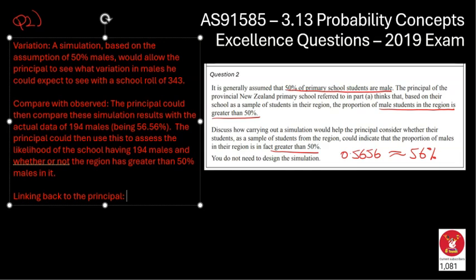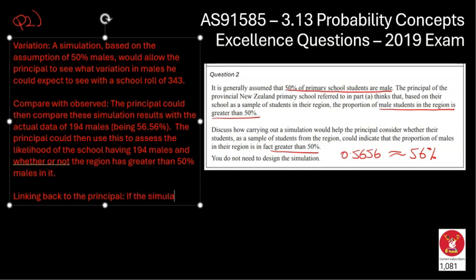So maybe he's going to do 1,000 simulations, and if some of them are greater than 194, or if he's got a few of them around 194, then that probably tells him that this is just okay. It's just due to randomness. He's got heaps of males at the moment, but due to the randomness of these things, it'll go back and forth in subsequent years. So that's the first thing we could do.